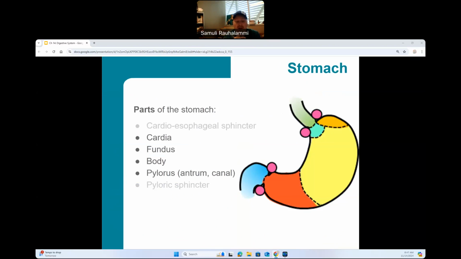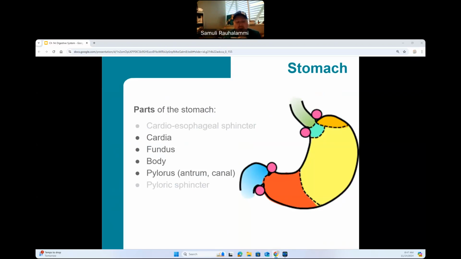And then we have the fundus, that's kind of an orangey color on this picture. It's the uppermost part of the stomach. This is where the gases build up. We especially see the gases building up there in medical imaging, so that might be something to keep in mind. Another thing to notice is that when you get that need to burp, it might be that there's gases there, and we're really trying to bring that fundus down so that the air could leak out.